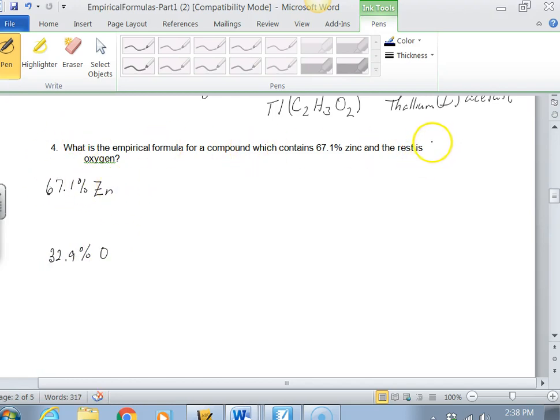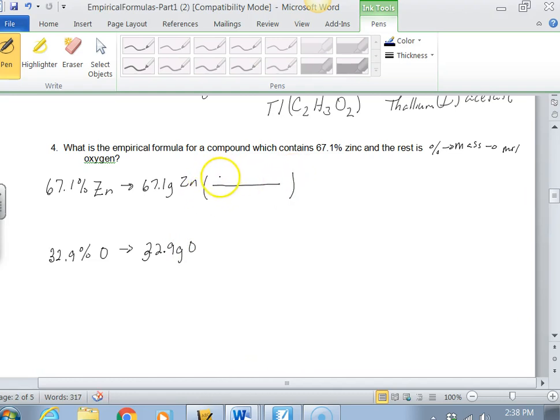Okay, we're going to go from percent to mass to moles. Assume 100 grams. That gives us 67.1 grams of zinc and 32.9 grams of oxygen.